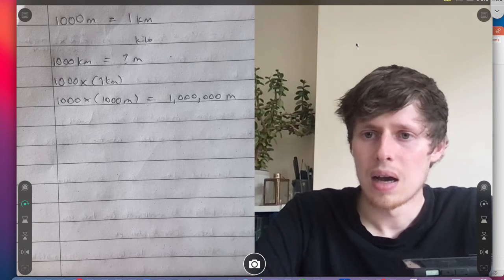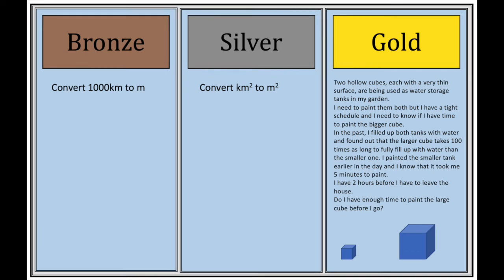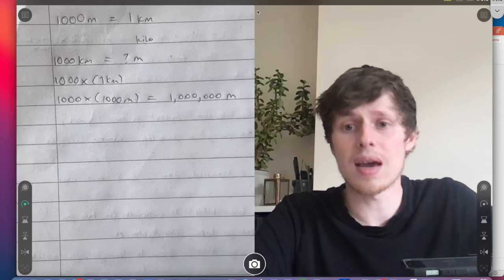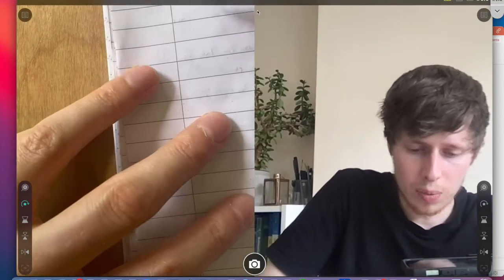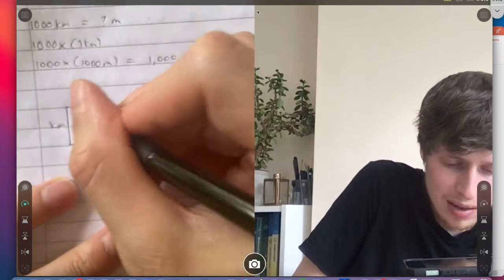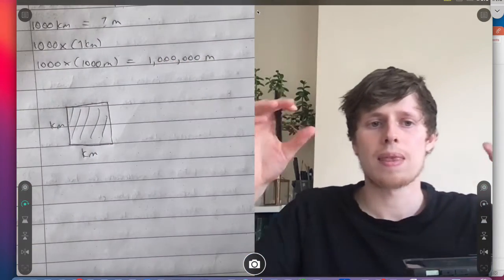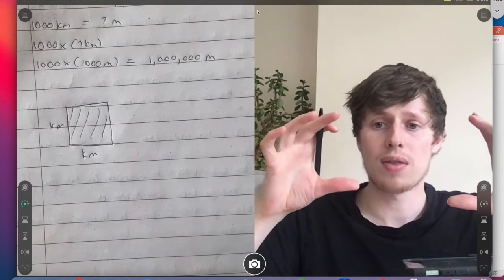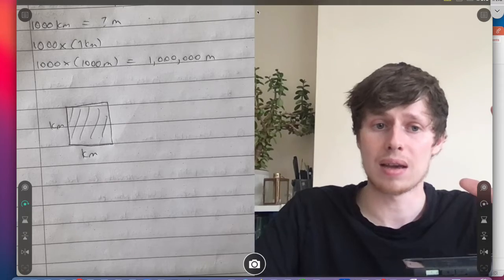All right, on to the next. Convert kilometers squared to meters squared. What we're looking at here is area. A kilometer squared, just like a centimeter squared, which I think we've seen on a previous episode, is the area of a square whose sides are 1 kilometer in length.